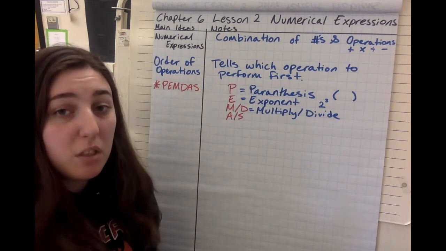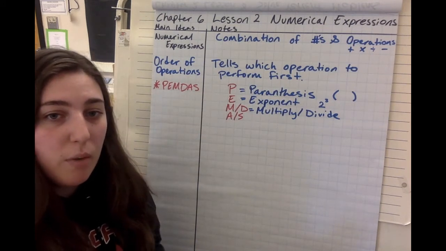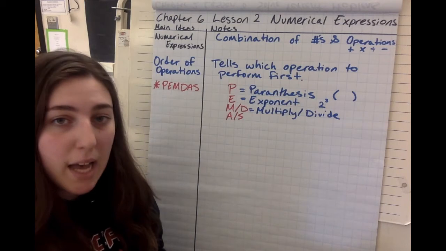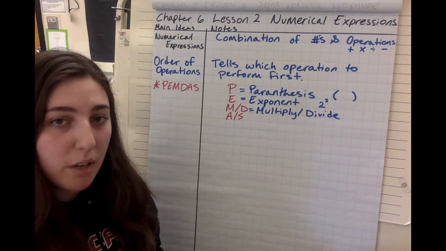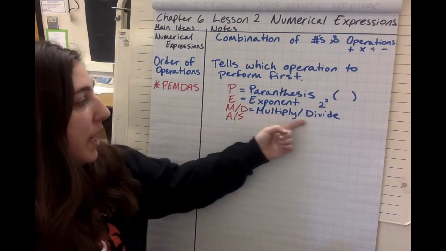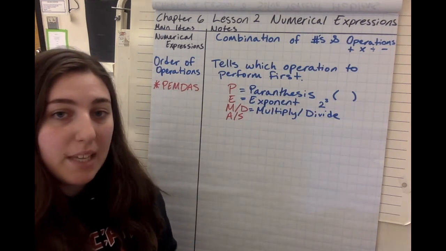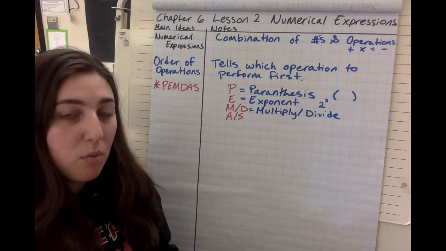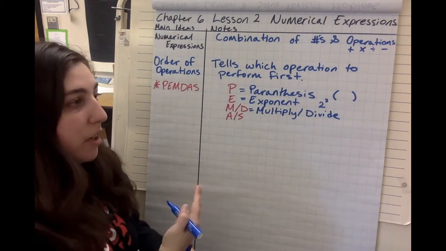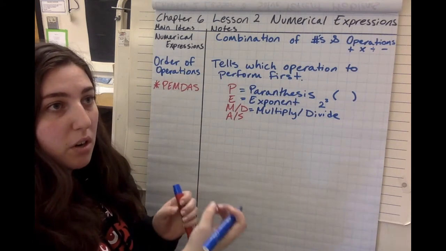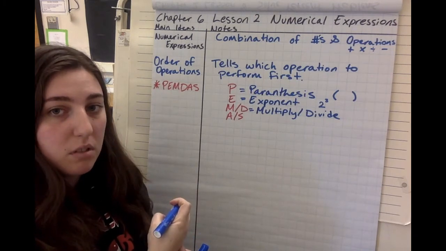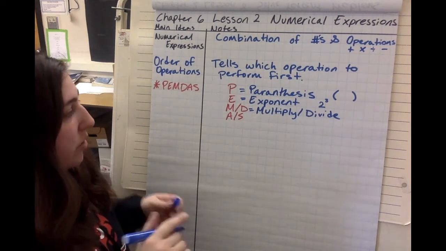In 3rd period I gave the example when you're playing baseball and you tie, we always say tie goes to the runner. Well, you can think of multiplication and division, they tie each other. When they tie each other, the tie will go to whatever term is farthest to the left. I'll show you what I mean in a second.